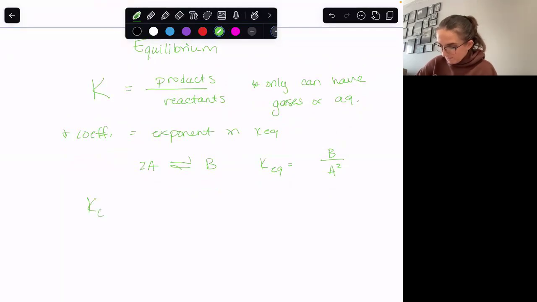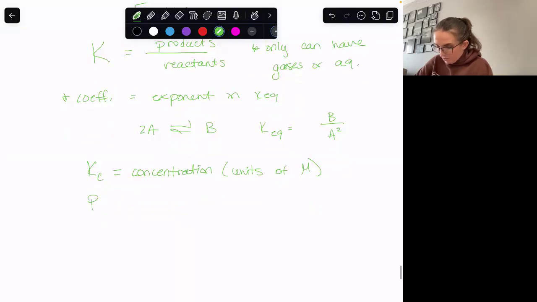For KC, this is your concentration. So you need units in molarity usually. Usually, right? You just need some sort of concentration unit. And then KP is pressure.